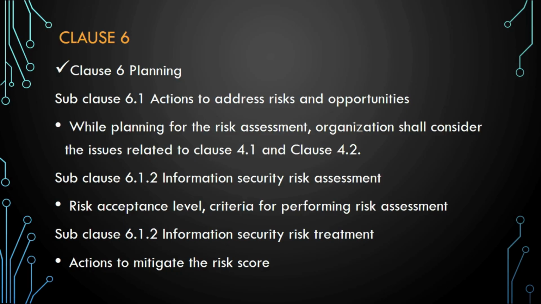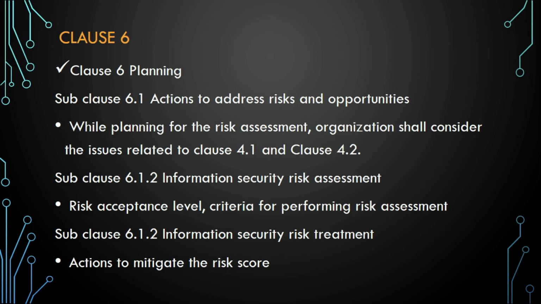Subclause 6.1.3, information security risk treatment. You have already planned for risk assessment, then we need to plan for risk treatment as well: how you are going to mitigate the identified risk. If the risk impact is high in your organization, maybe a financial risk, a security risk, or some other customer-related thing, how are you going to mitigate that?